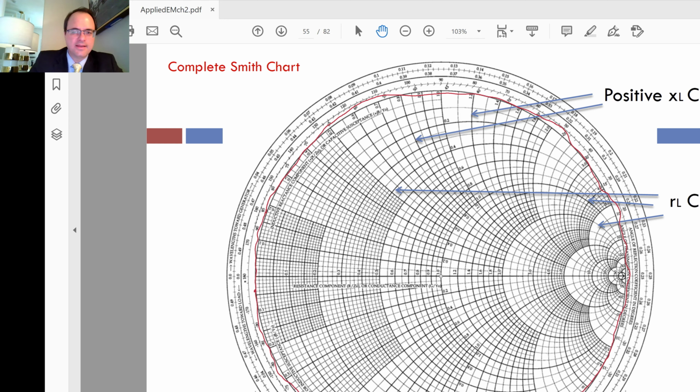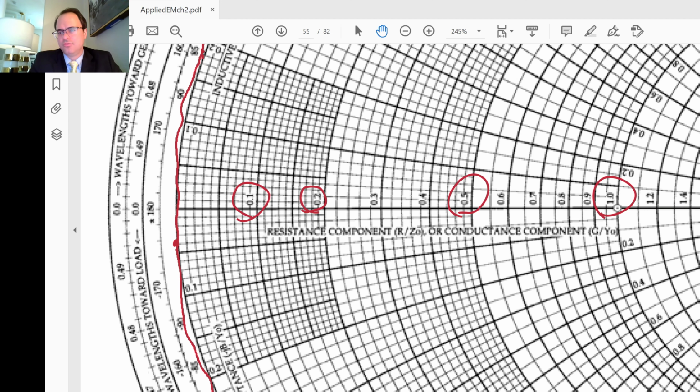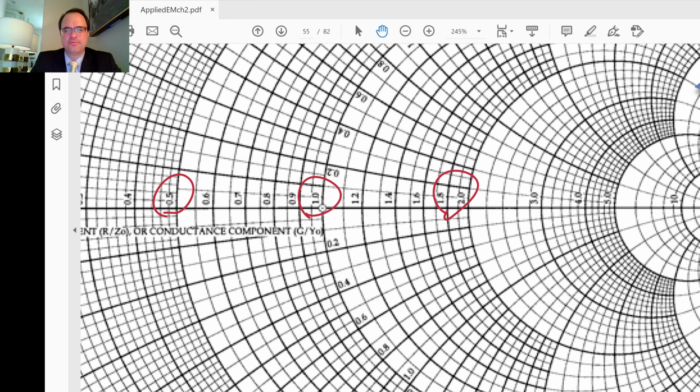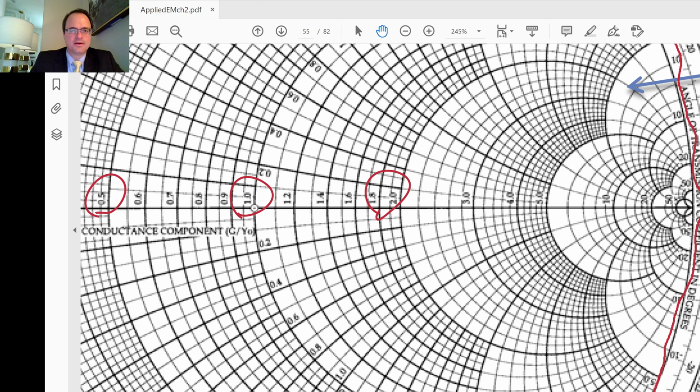Then zooming in again, and you have to zoom in a lot because the type is so small, you get RL is 0.1, 0.2, 0.5, 1, 2, and like we said before, the RL circles' centers converge closer and closer to this point right here with ever decreasing radii. So R is 2, 3, 10, 50.